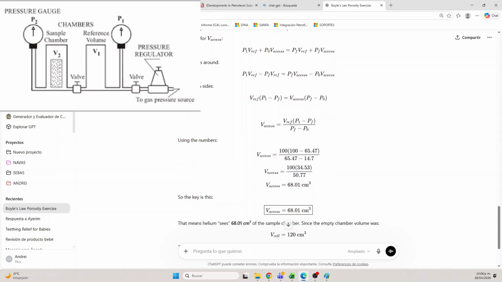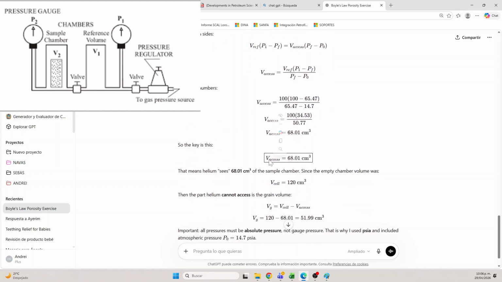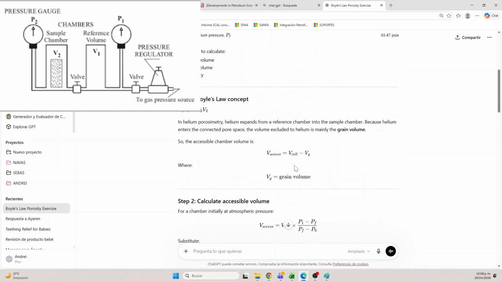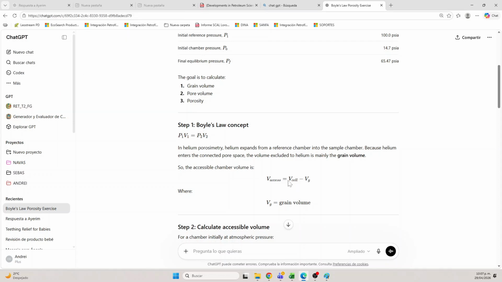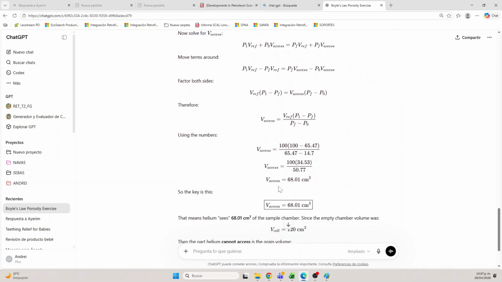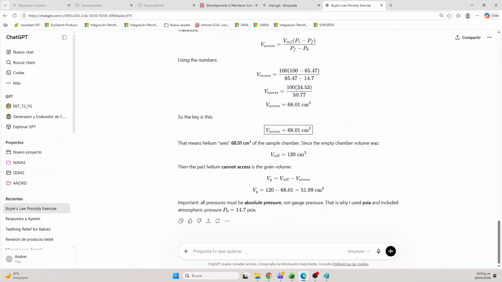So we plug in the values and we get the accessible volume. Once we have it, we know the grain volume is V cell minus this accessible volume. V cell was 120, and with the calculated accessible volume, you get the grain volume, which is 51.99 cubic centimeters.